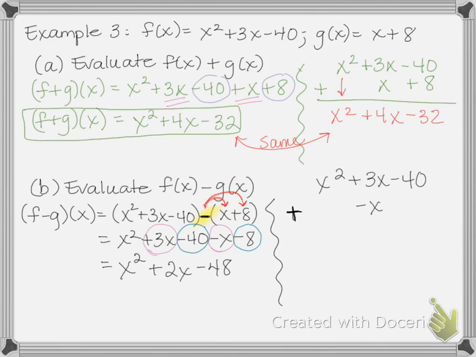The positive 8 becomes a negative 8. Okay? Again, this comes down. 3x minus x is a positive 2x, and a negative 40 and a negative 8 is a negative 48. So it's just a matter of how you prefer displaying it, okay? Both methods, horizontal or vertical display, work. Let's move on.